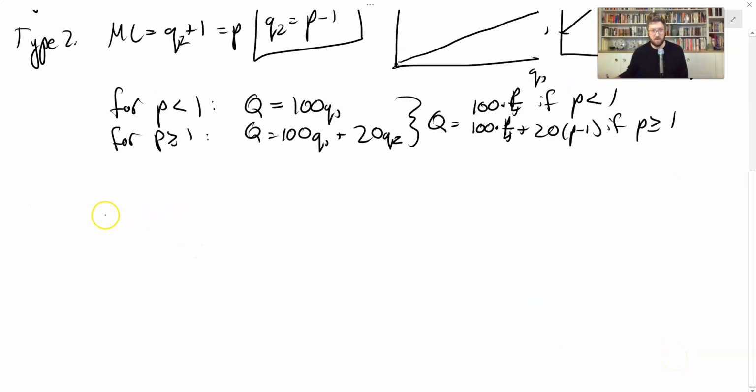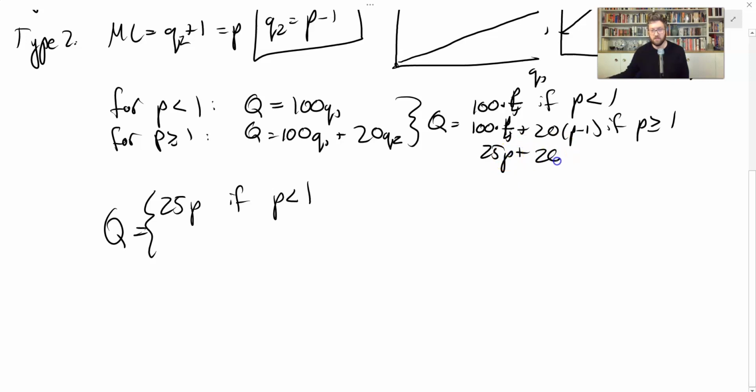We can simplify that a little bit, and we get our final supply. 100 times P over 4 is 25 times P if P is less than or equal to 1. Otherwise it's equal to 25P plus 20P minus 20, or basically 45P minus 20 if P is greater than or equal to 1.